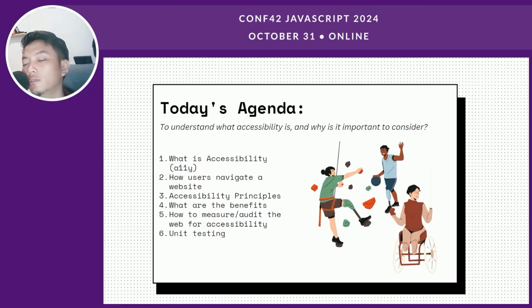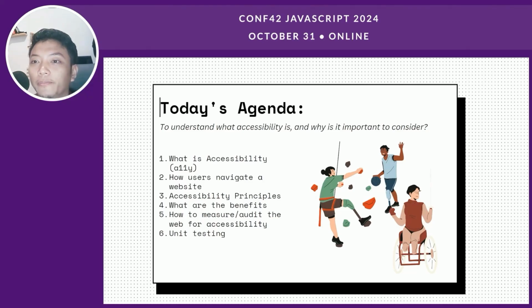What are the benefits of all of this, and how do you measure a website for accessibility? We're going to see it in real action, and of course, in this topic, we're going to do it with React. And then we're also going to see how to test your components to pass the accessibility aspect. All right, so let's keep moving.